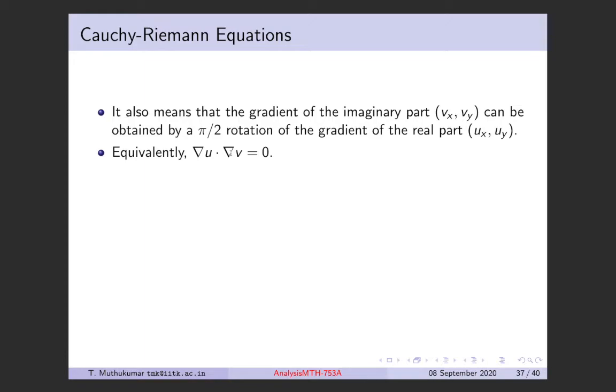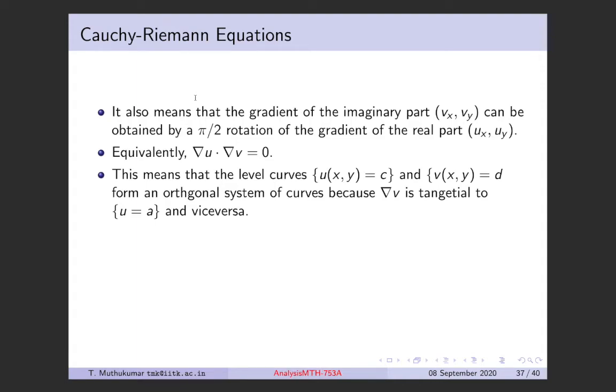Once you fix the real part u of a holomorphic function, the imaginary part gets fixed automatically. It is just the 90-degree rotation of the gradient of the real part. That is the gradient of the imaginary part.